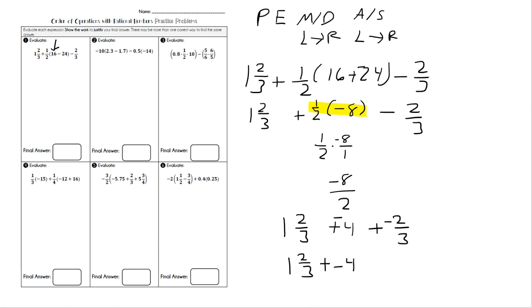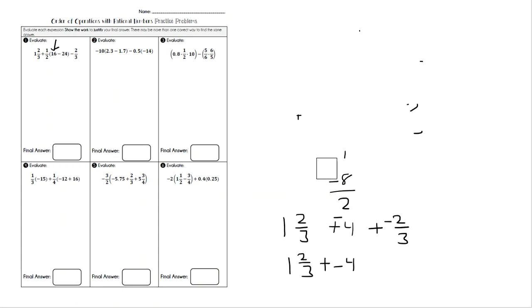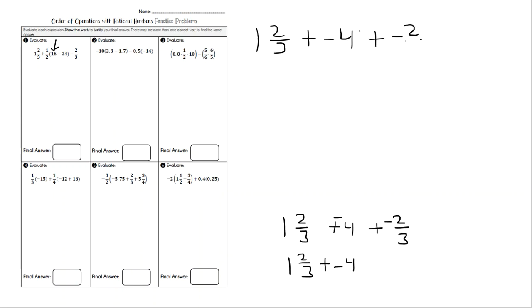I'm going to erase some space up above, so let's move our problem to the top here. So I've got 1 2/3 plus a negative 4 plus a negative 2/3.